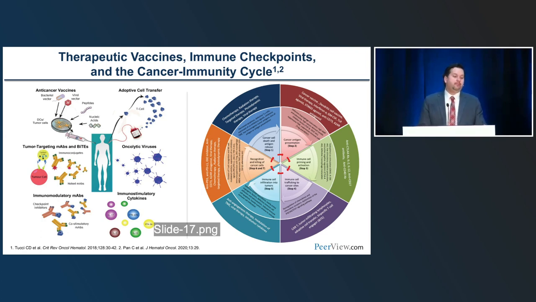We have adoptive cell transfer, essentially with autologous T cells or even modified T cells, such as CAR T cells. And then we have BiTEs and bispecific antibodies and antibodies that can target multiple signals at a time, oncolytic viruses, and then finally, what we have already discussed, immunomodulatory antibodies and cytokines. So this is very, very exciting, very, very sophisticated, and immunology is going to be with us for a while.